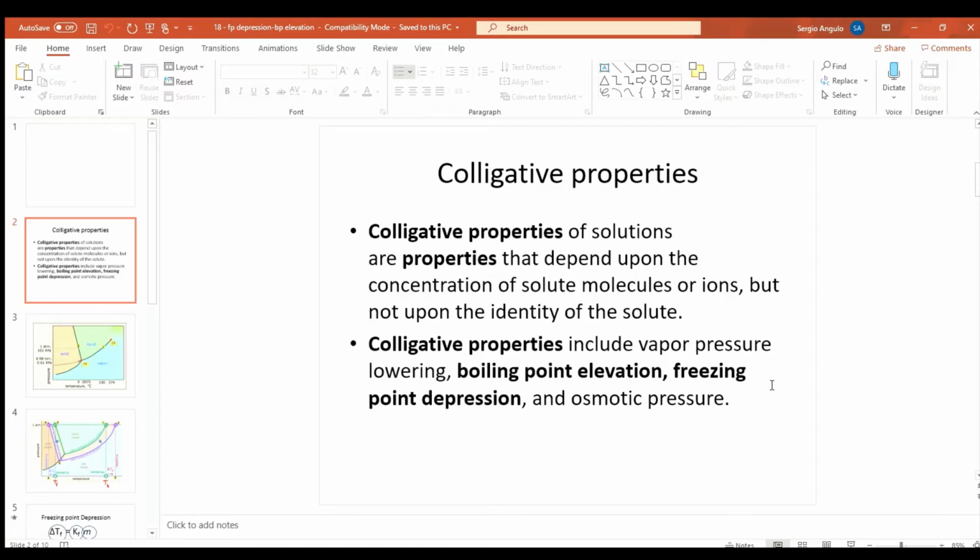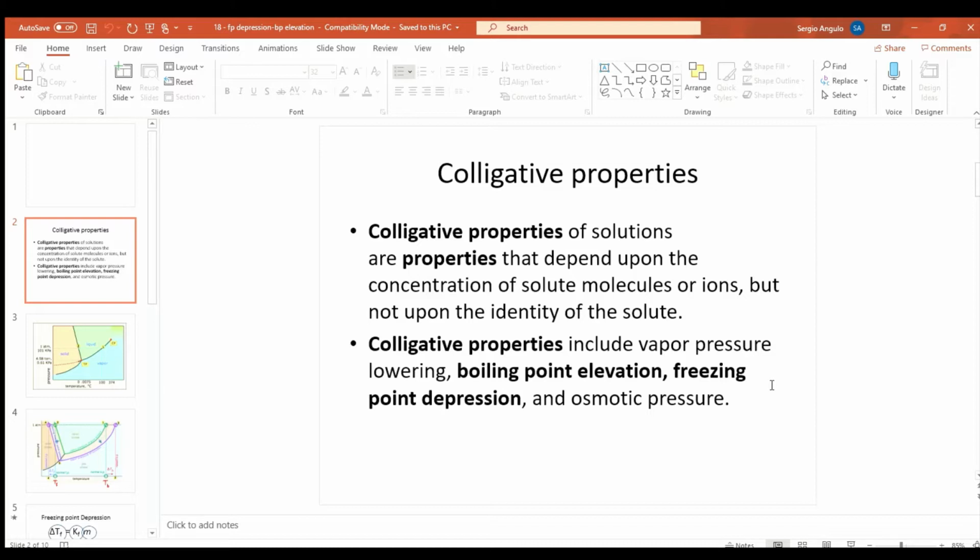We really didn't cover a lot of vapor pressure when we talked about properties of liquids. So I'm not going to go into a lot of detail. Basically, whatever the vapor pressure of a substance, like water has a certain vapor pressure above it, when you start mixing stuff in there, the vapor pressure drops a little.